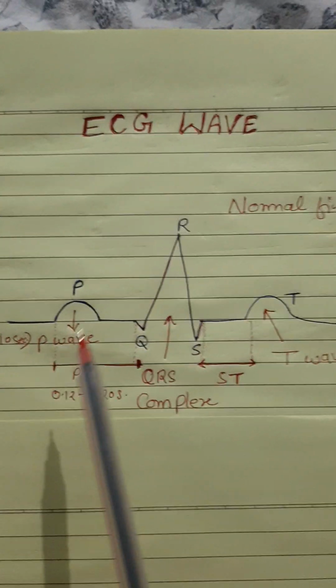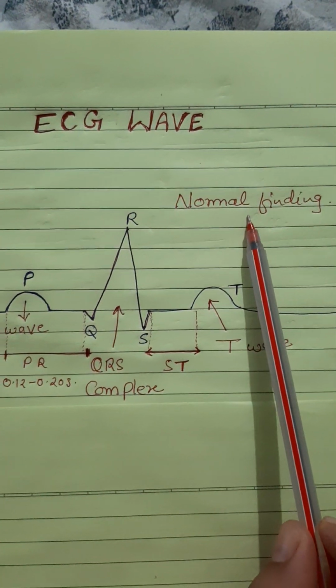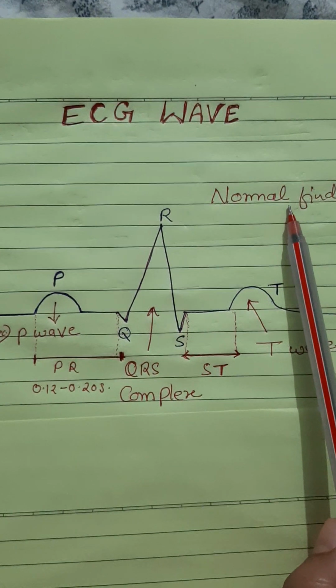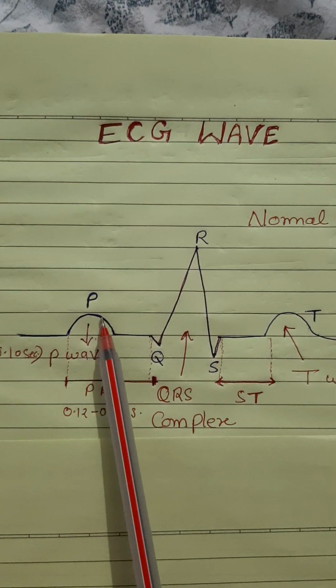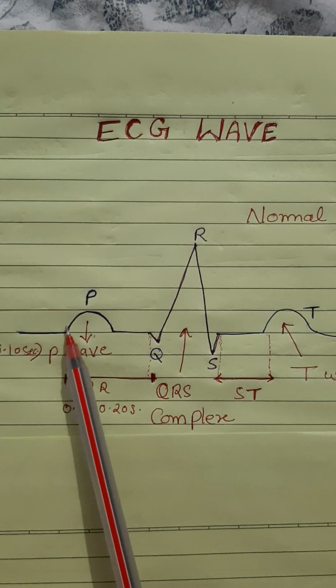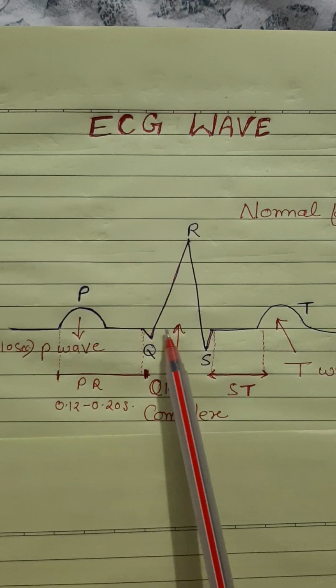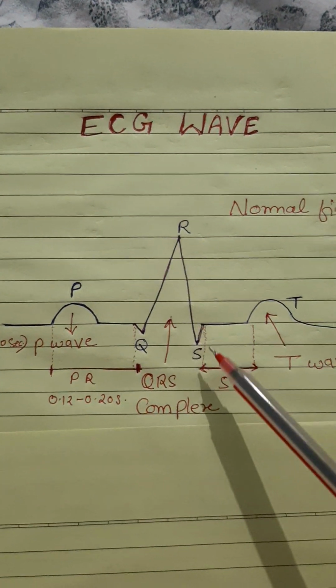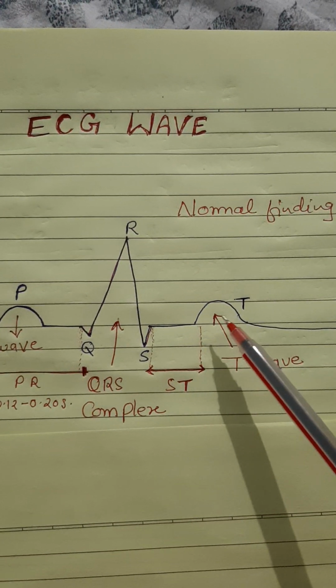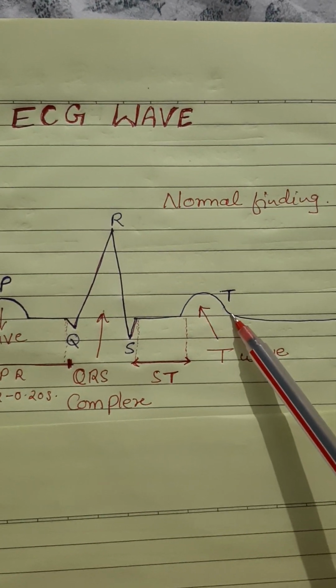So especially in the normal finding of ECG, there is the P wave from here till here, then from here to this QRS complex, and this is the T wave.